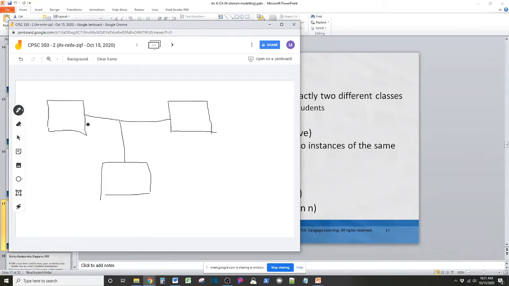Now, what this means is that, in a normal binary relationship, like these two, you would need to identify, okay, let's say this one is the customer, and this one is the order, and this one is the product.